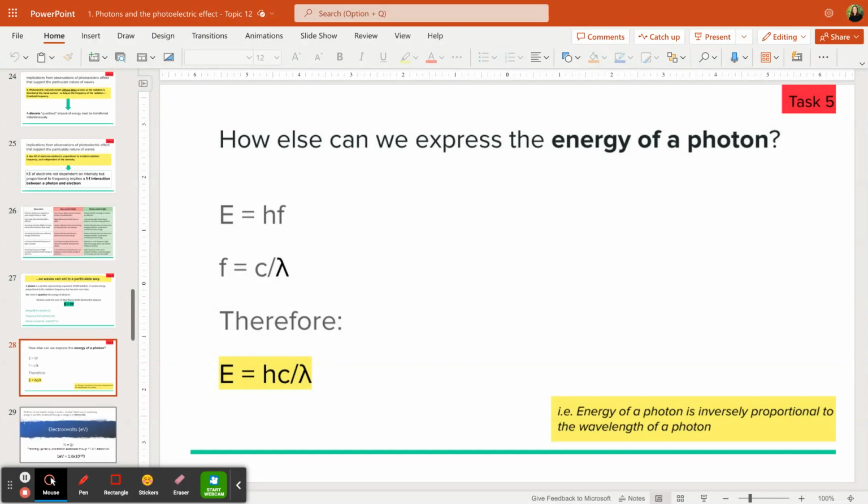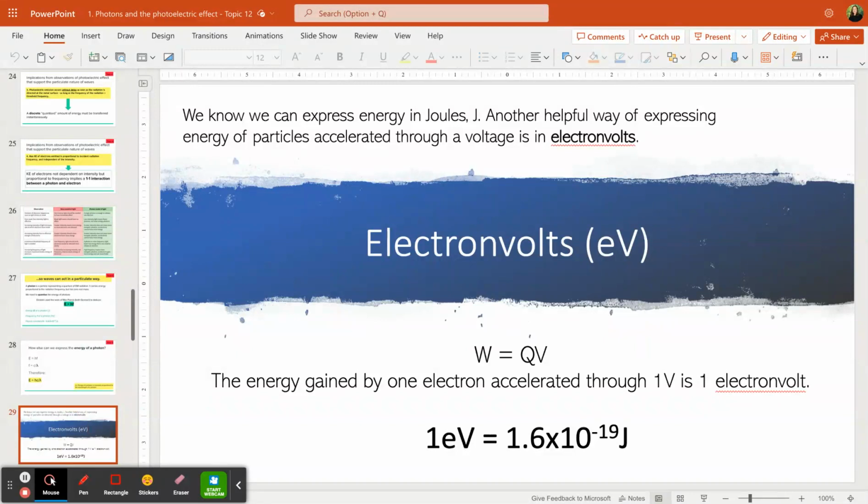Pause, write it down. The thing is, we also know that we've got a handy unit of energy, which is called an electron volt. We know that we can express energy in joules, but we can also express it in electron volts. Now we know from topic 5, electricity, that work done is given by charge multiplied by potential difference.